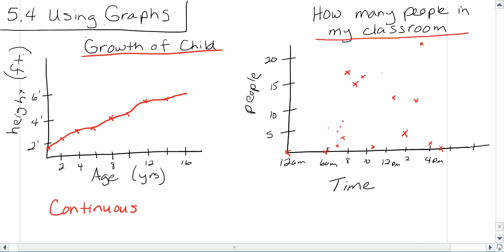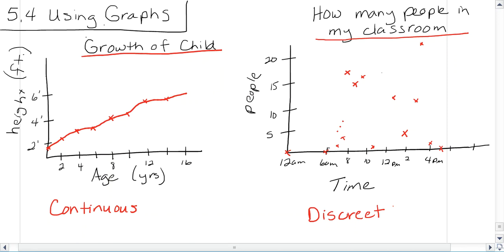There are no halves, no in-betweens. So this graph should be made up of dots. The word we have for this is a discrete graph. Now, you don't need to know these words for Algebra 1, but we're going to be studying this in Algebra 2, so I'm just getting you ready for that.